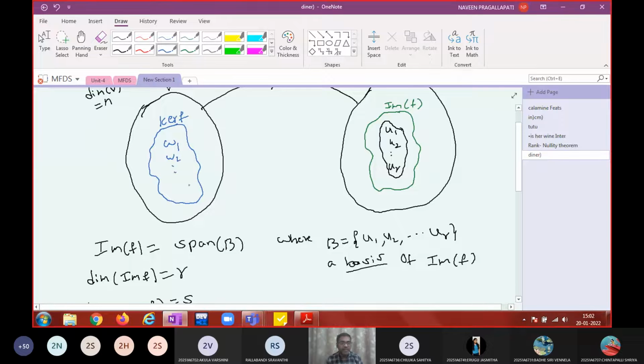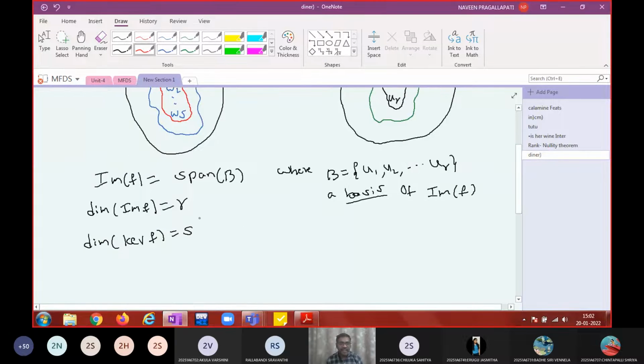Let us call them W1, W2 and so on, WS. These W1, W2, WS span the kernel space and they are linearly independent. Let me call this set A, where A equals W1, W2 and so on, WS, a basis of the kernel of f.